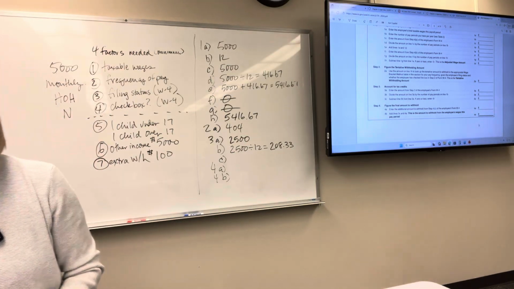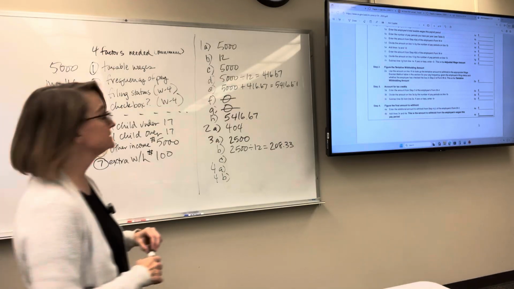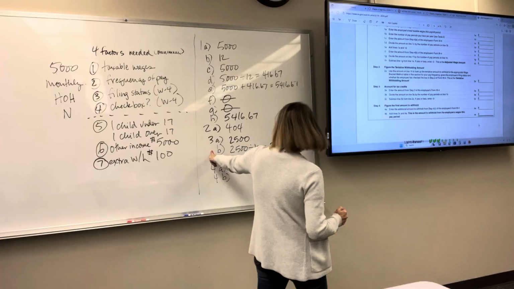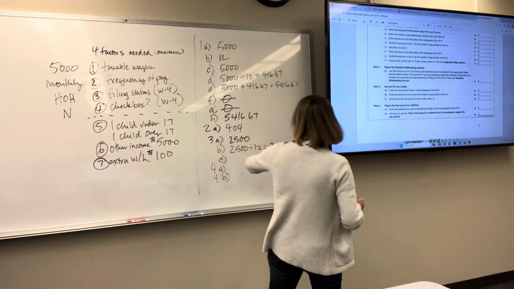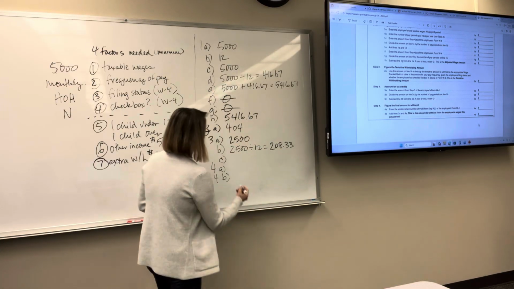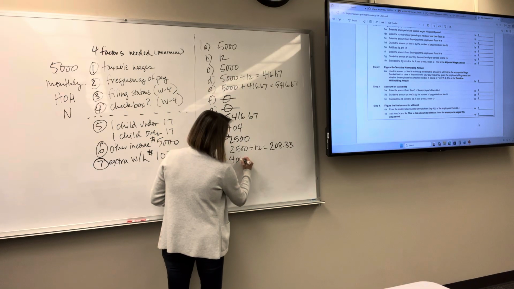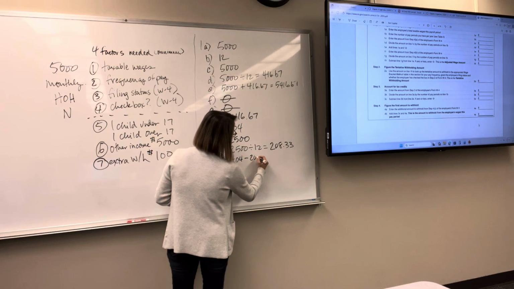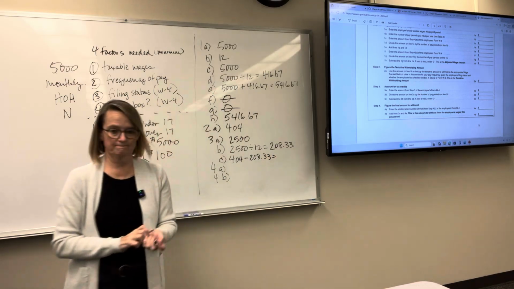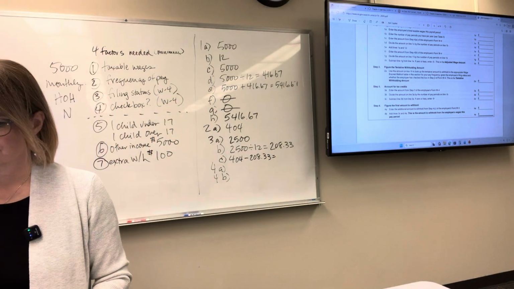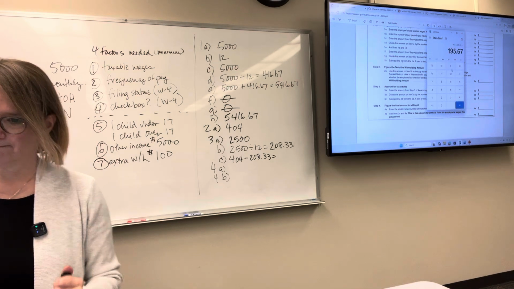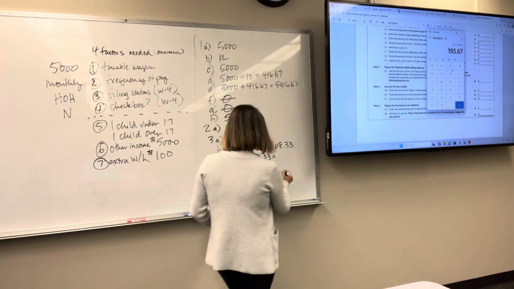So line 3C, we're going to subtract line 3B from line 2A. So we'll take 404 minus 208.33. $195.67.